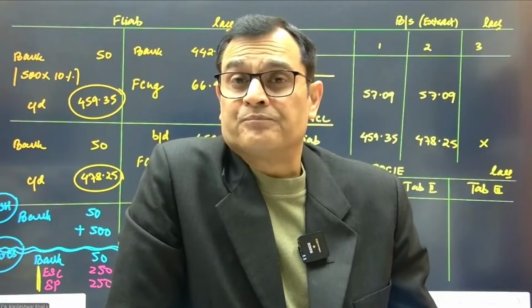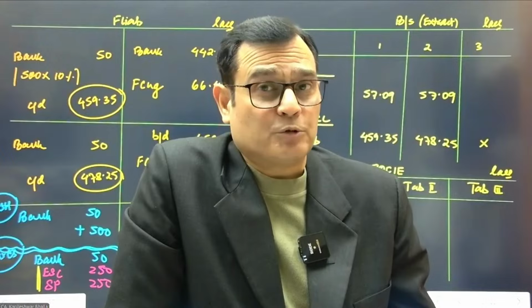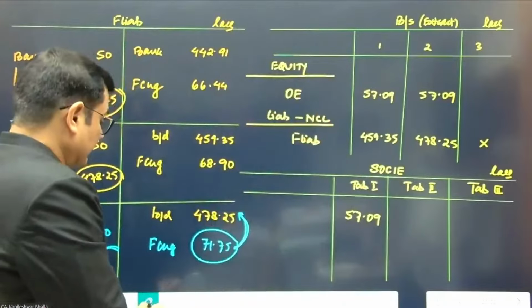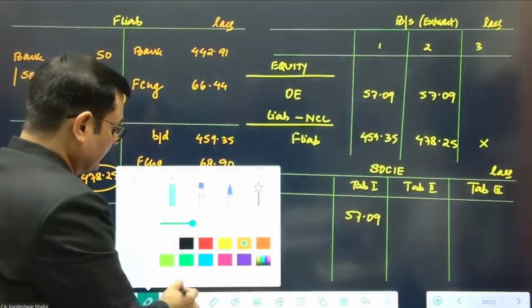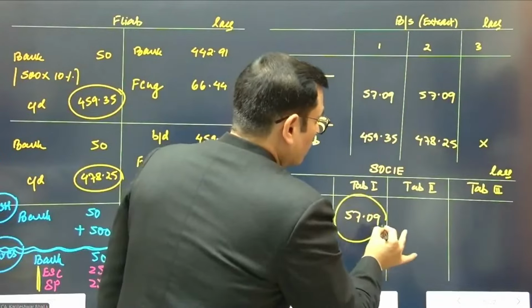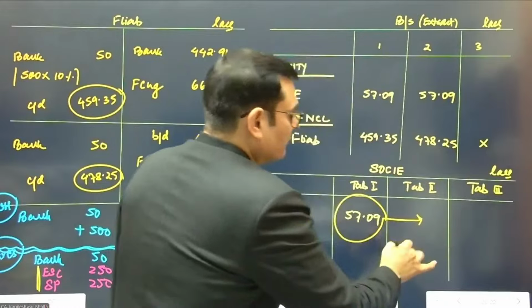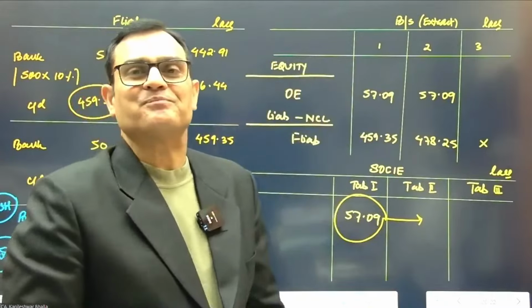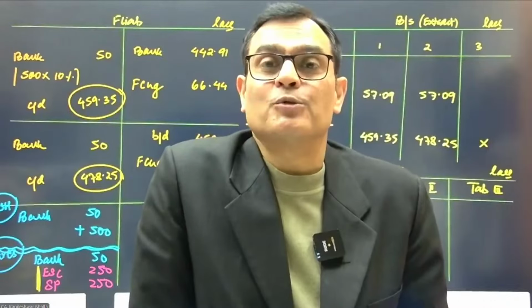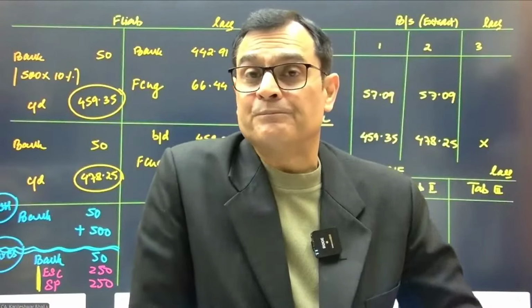Hear me carefully. The standard does not tell you what I'm about to tell you. The standard only gives you a generic sentence, but I'm giving you the practical inputs, what you need to do in this case. The money in tab number 1 will go to tab number 2 at the end of third year.